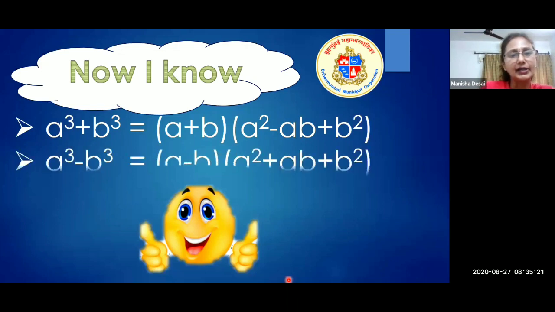And a cube minus b cube is equal to a minus b into bracket a square plus ab plus b square. Now memorize these formulas. If you memorize these formulas, it will become easy for you to solve the sums based on them. I hope you will memorize these formulas, right? Yes. Okay.